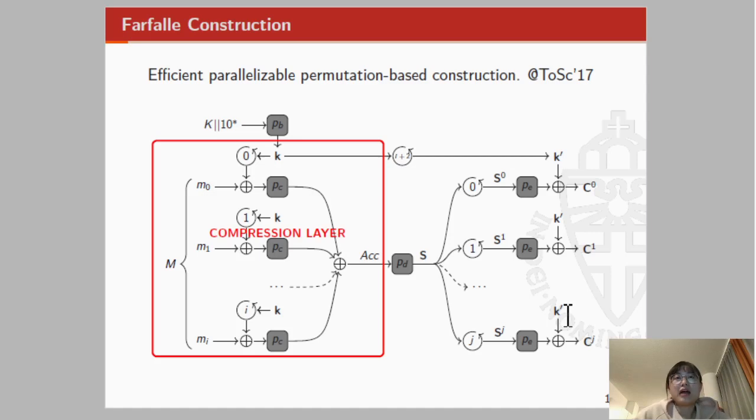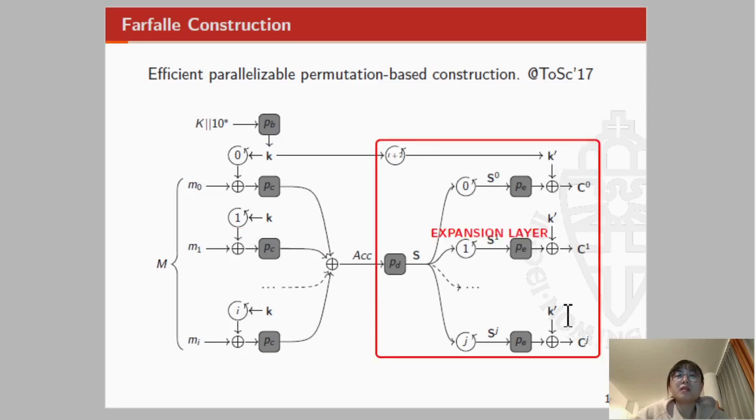These blocks are handled in parallel and finally compressed into one block again, called the accumulator. The last part is the expansion layer. In this part, the one-block accumulator is handled in parallel again to generate the output stream.